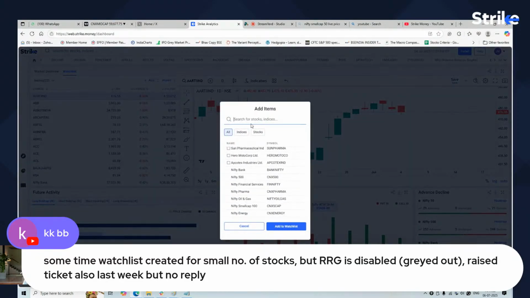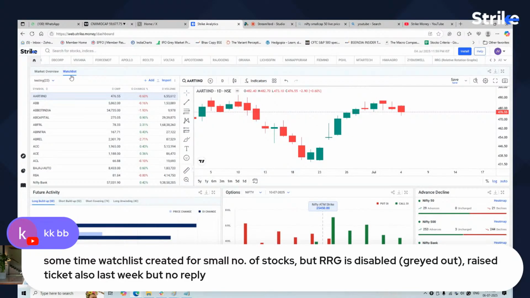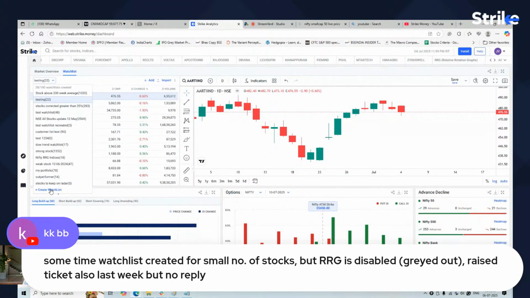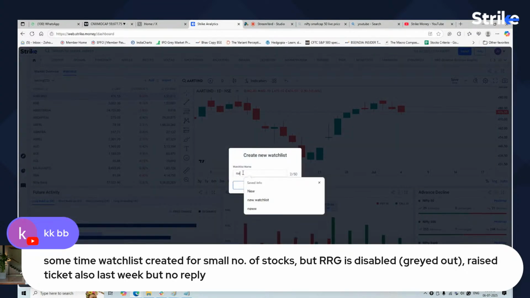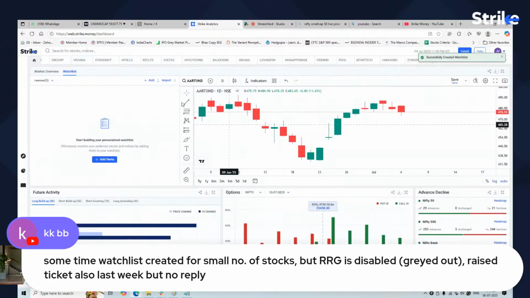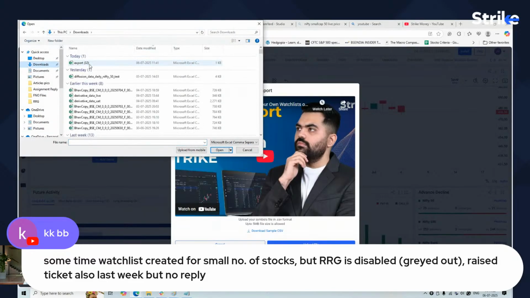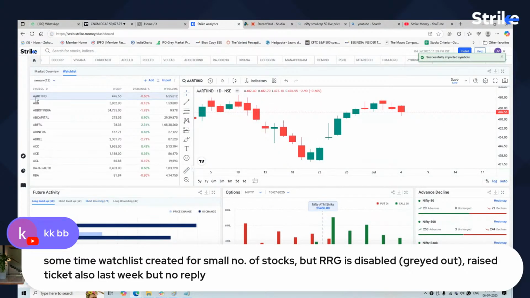So for example, now I am creating a new watch list over here. Import file, download CSV, export, and you will be able to see the stocks. We would want basically the symbols of those stocks so that this watch list gets created.